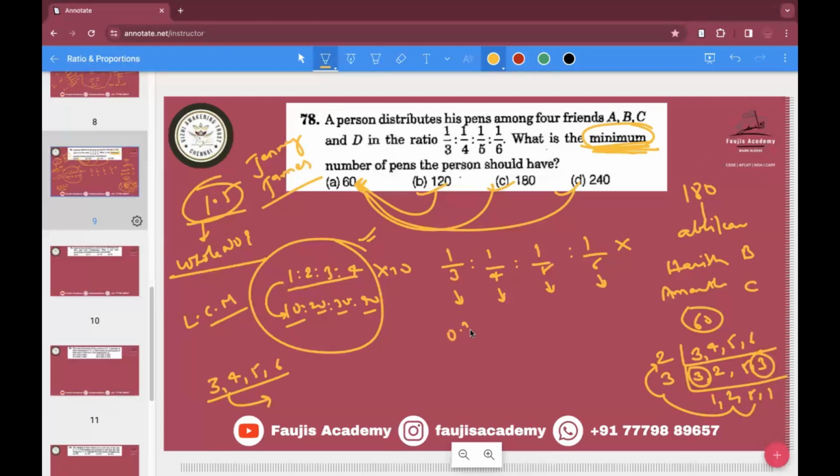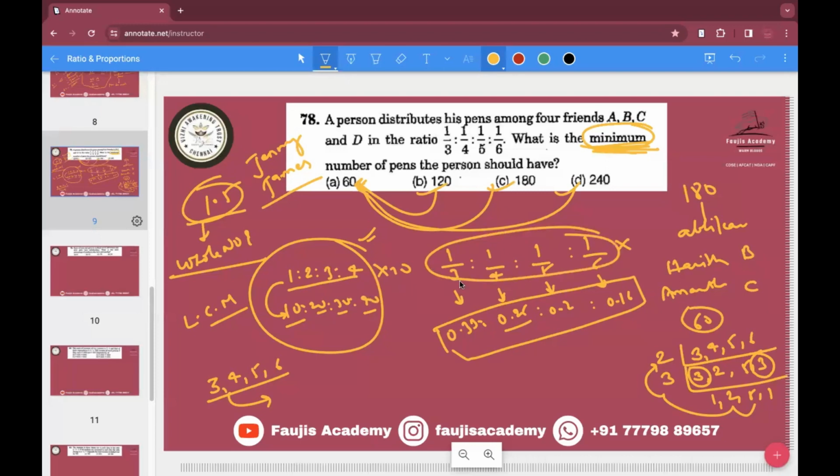Can we say 0.3 ratio, 0.25 ratio, 0.2 ratio, 0.16 or something like that? Will you distribute somebody a pen in this ratio? Can we break the pen in 4 parts to make it 0.25 pens and then present it? Hey, buddy, this is for you. No, we have to make it whole.